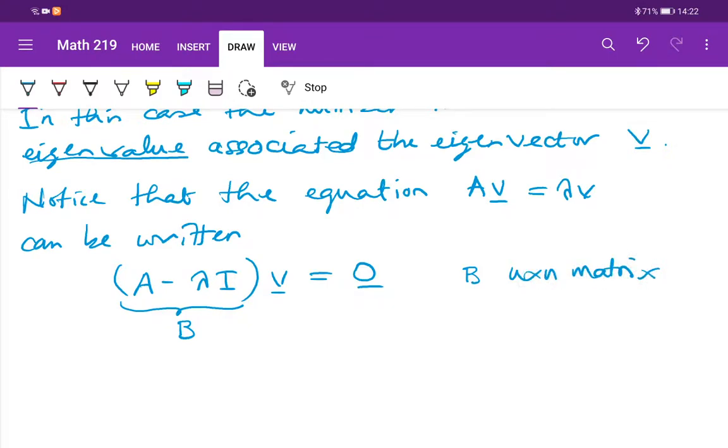And when you multiply this by V, you get the 0 vector. We want V to be non-zero.